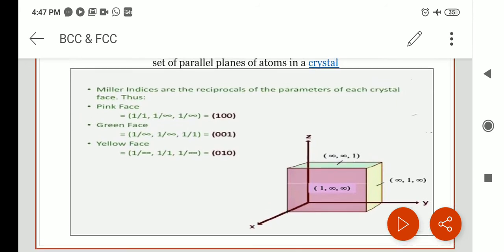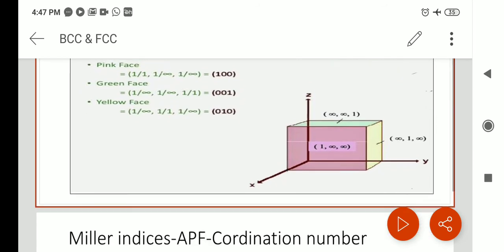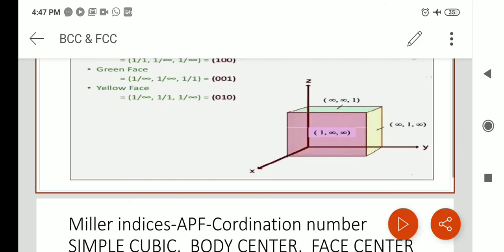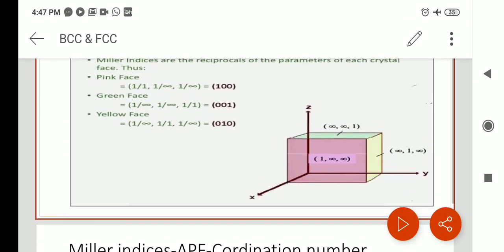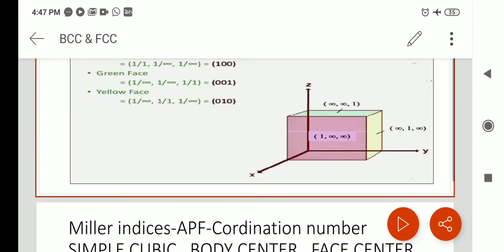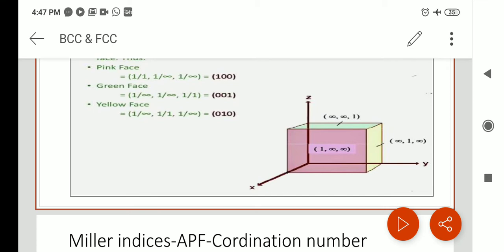Pink, green, yellow are the phases, and the parameters we define are: on the pink phase 1 infinite infinite, on the yellow phase infinite 1 infinite, on the green phase infinite infinite 1.